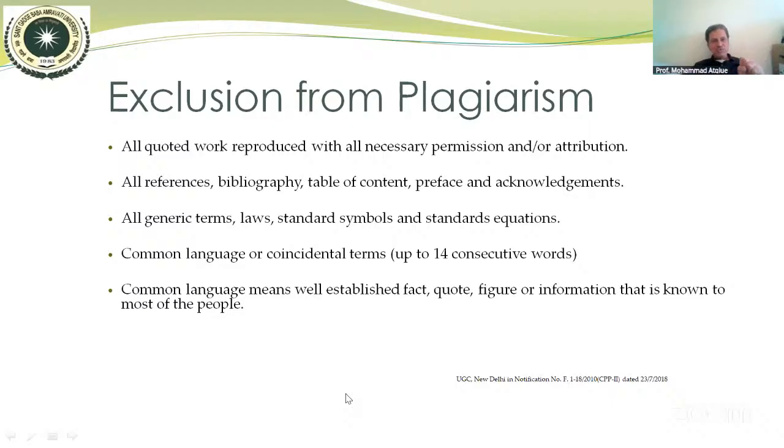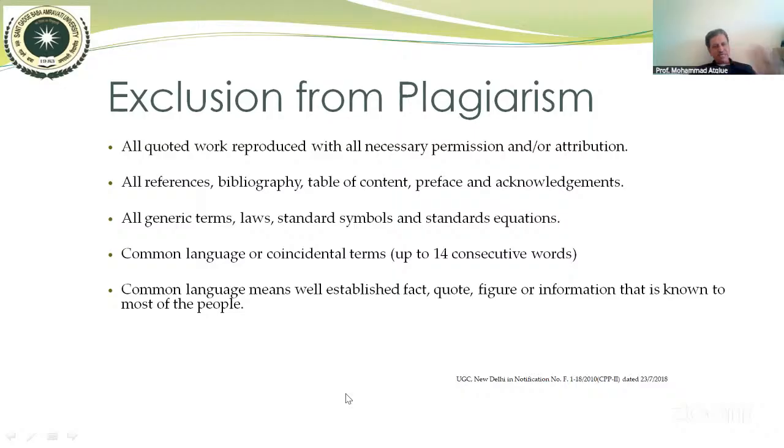But what is excluded from plagiarism? Exclusion from plagiarism is all quoted work, and that's why whenever you go for a plag check, they ask you to remove the references, bibliography, table of contents, preface. That is not considered a part of the work. All generic terms, laws, standard symbols and standard equations are also excluded from plagiarism.